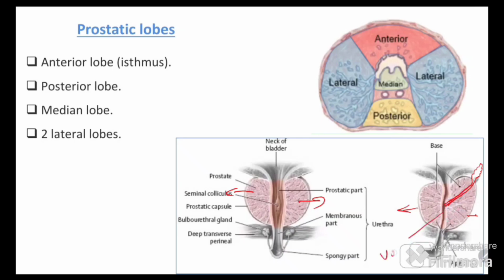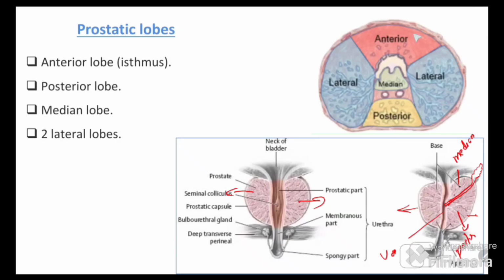The posterior part is divided into two areas by the duct of the seminal vesicle. The area above is known as the median lobe, and the area below is the posterior lobe.